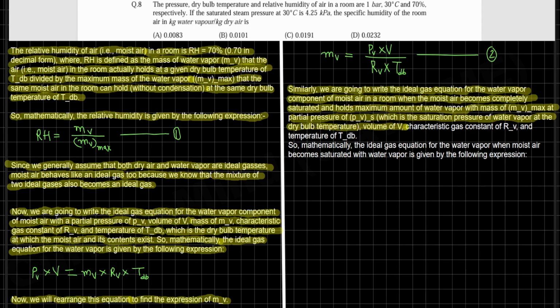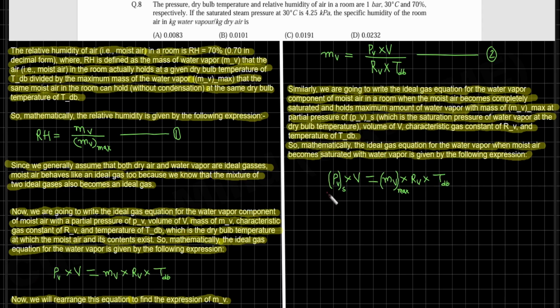Volume of V, characteristic gas constant of RV, and temperature of Tdb. So, mathematically, the ideal gas equation for the water vapor when moist air becomes saturated with water vapor is given by the following expression.